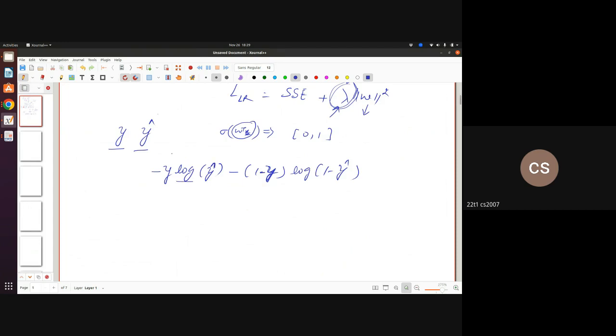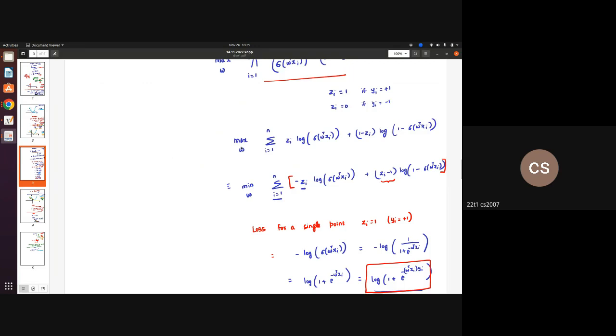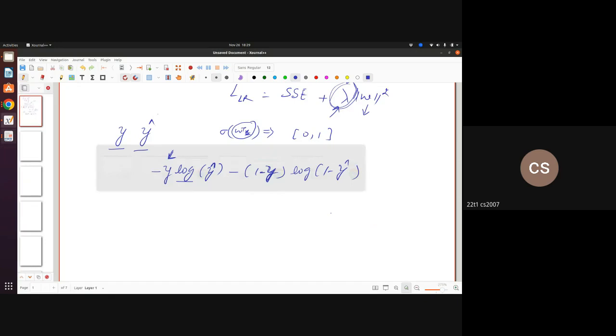Now, what are the possible values of y? So the possible values of y are 0 and 1, right? So this particular formula is used when y is represented as 0 and 1. I mean, the positive class is represented as 1 and the negative is represented by 0, right?